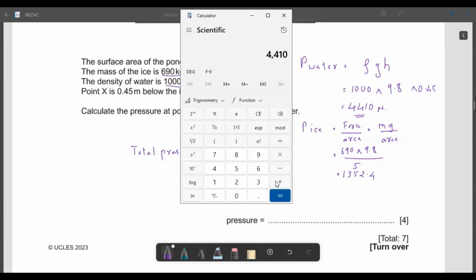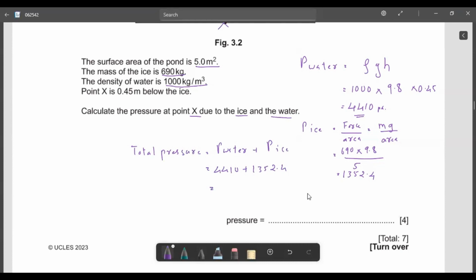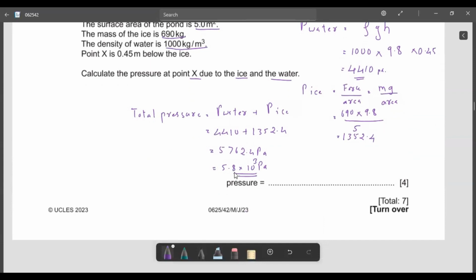So you will get the answer 5762.4 pascal. It can be rounded off and written as 5.8 into 10 raised to 3 pascal. So this is the total pressure.